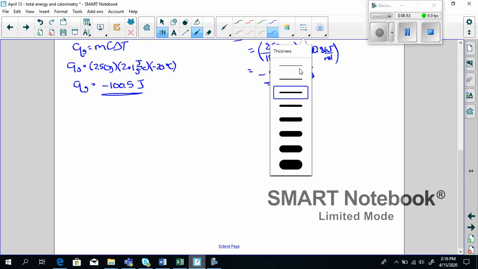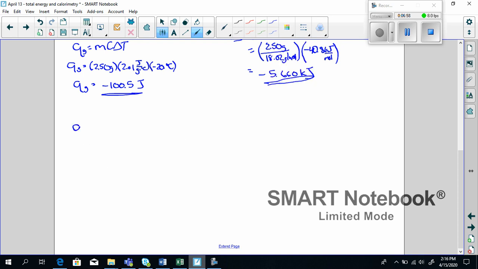So our second heat calculation is for Q of our liquid. Same equation as above, still mc delta T. Our mass is 2.5 grams. Different c value here because it's a different state of matter, 4.19 joules per gram degree Celsius. Our temperature change here is going from 100 down to 0.